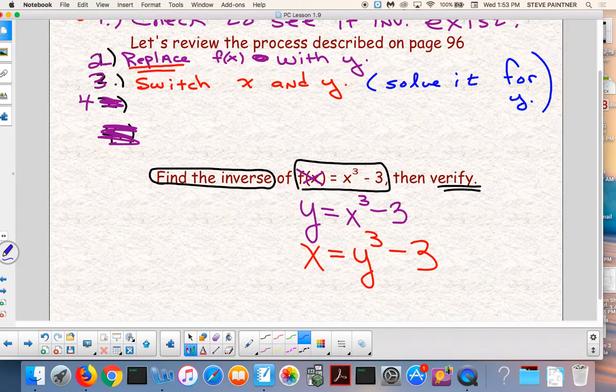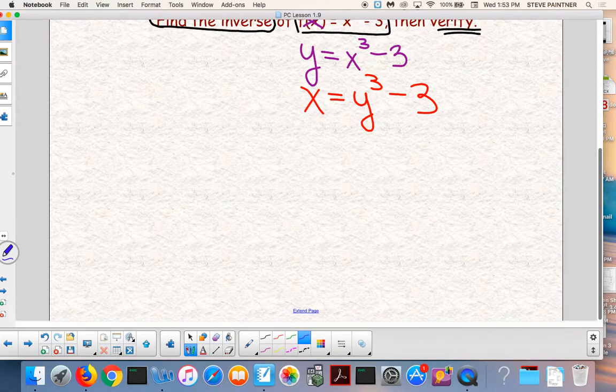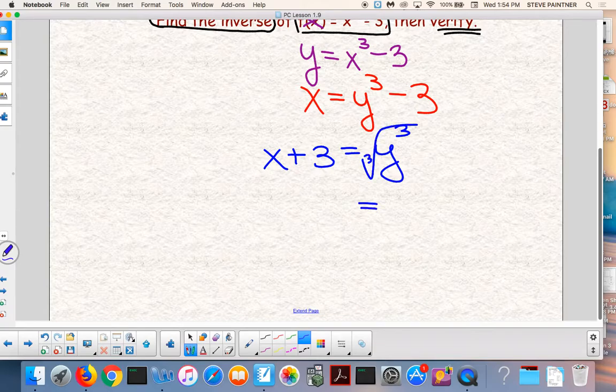So go ahead and solve that for y. Right? Add 3 to both sides. Now what? Cube root. Right there. And y equals what?